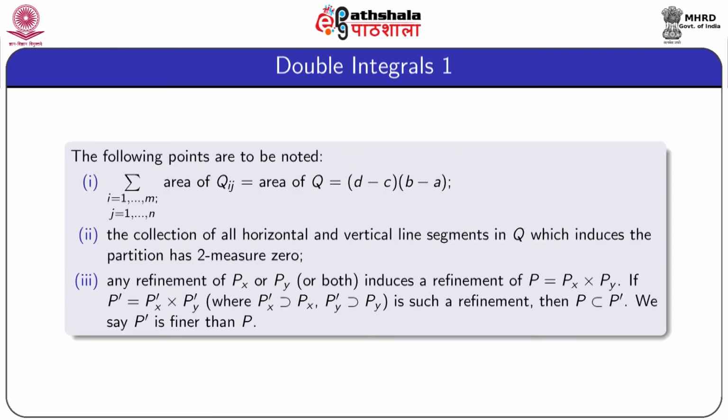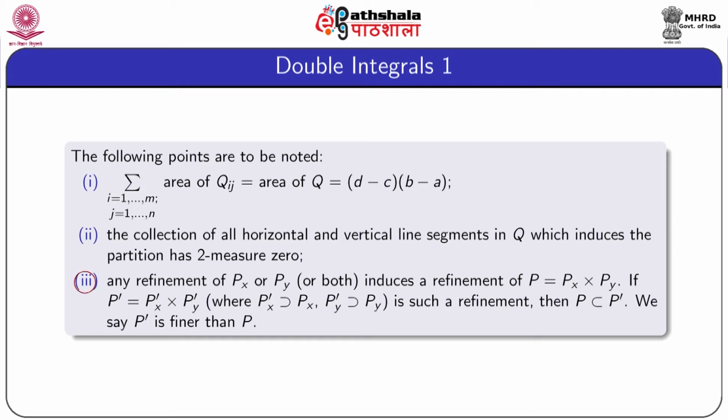The following points are to be noted. The sum of the areas of all these subrectangles, that is sum of area of Qij, equals area of Q, that is (d minus c) times (b minus a). The collection of all the horizontal and vertical line segments in Q which induces the partition has measure 0.